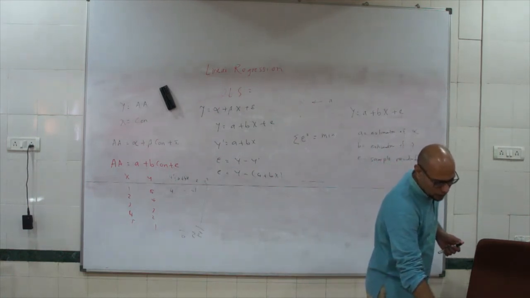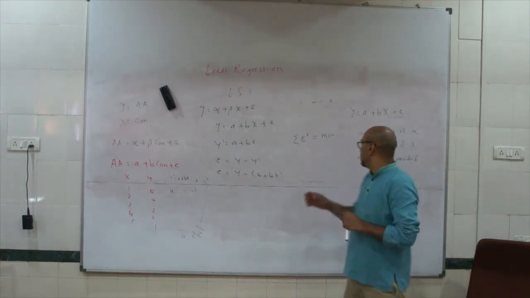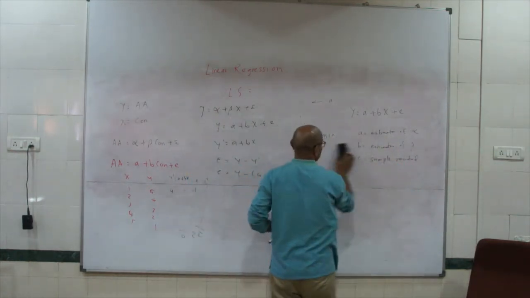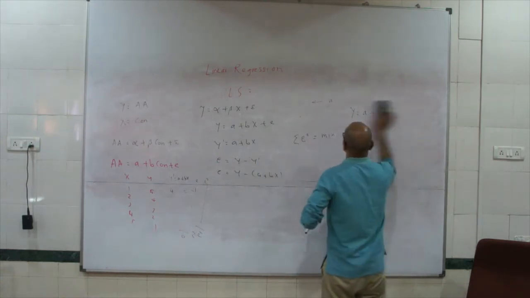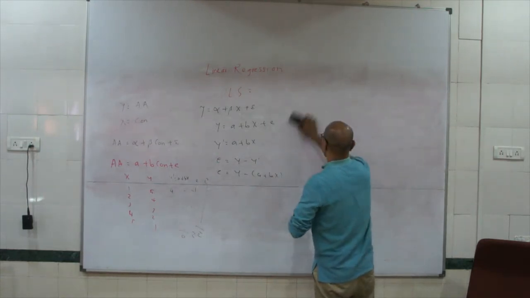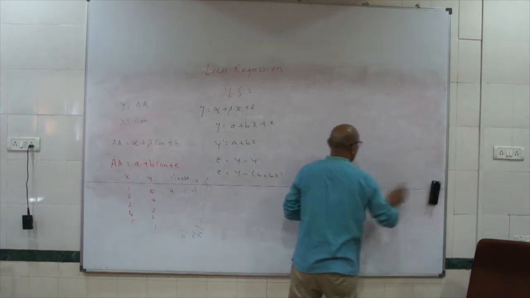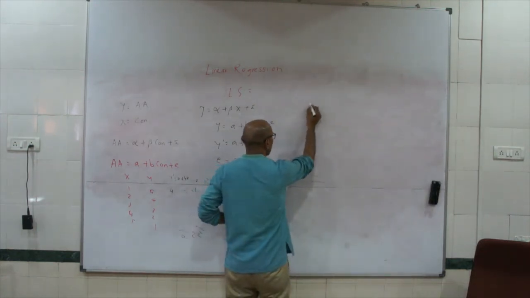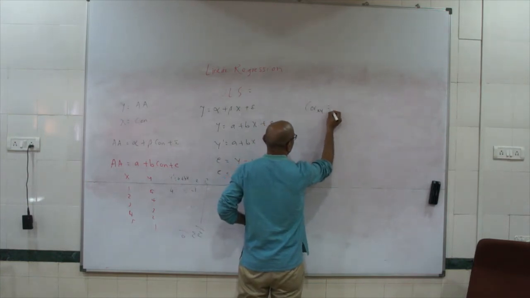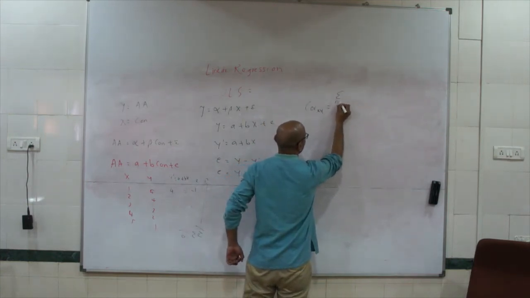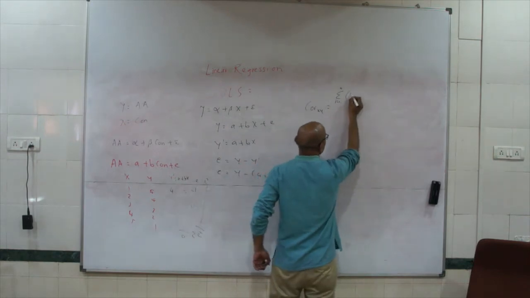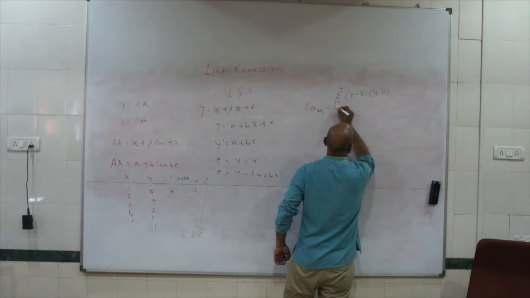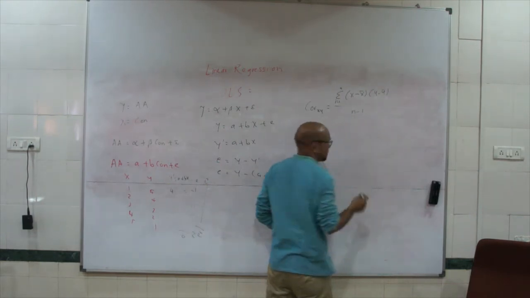Now, how do I do this? We know that covariance xy is equal to summation i is equal to 1 to n, (x minus x bar)(y minus y bar), upon n minus 1.